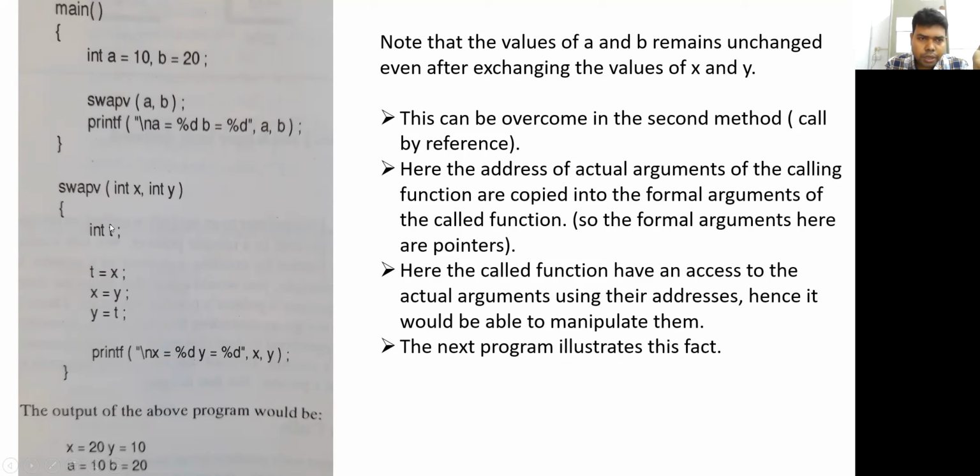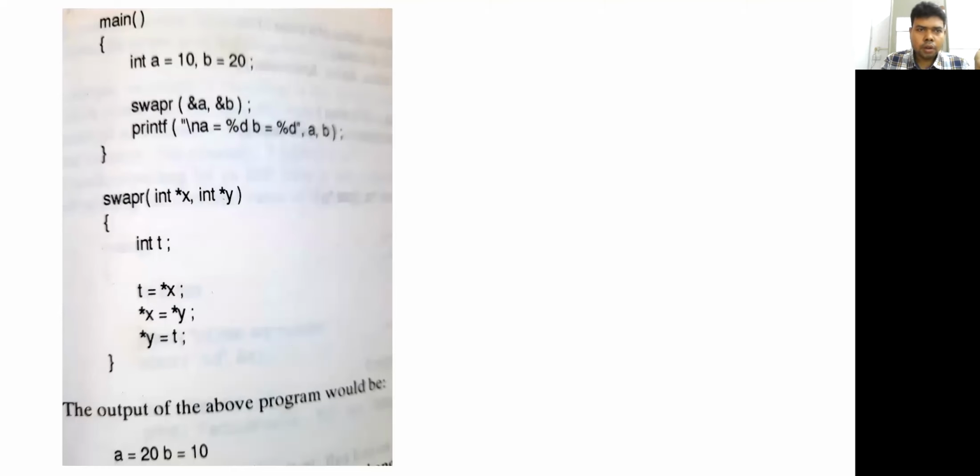Now let us see how it works if we do it using call by reference. We initialize the same thing, a equal to 10 and b equal to 20. Then we have taken another function, swap r, where we are passing the address of a and the address of b.